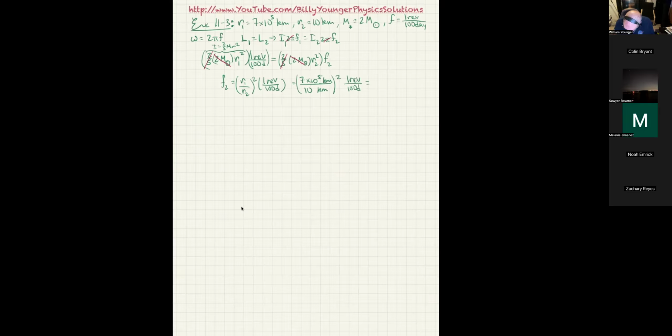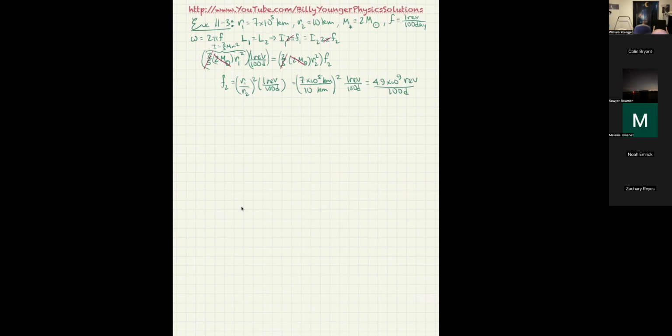So 7 times 10 to the 5th divided by 10 is obviously going to be 7 times 10 to the 4th. And now I'm going to square that. And that gives me 4.9 times 10 to the 9th revolutions per 100 days.